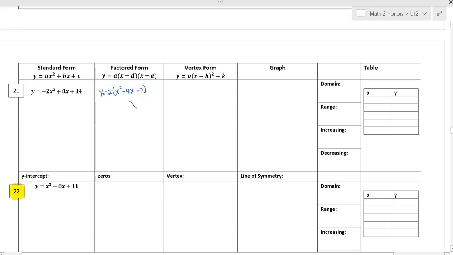And if I were to factor further, I'm looking for two terms that multiply to -7x squared and add to -4x. What two numbers multiply to -7? It has to be a 7 and a 1. It could be a -1 and 7, which would add up to 6, or a +1 and -7, which would add up to -6. Either way, we're not going to get -4, and so there is no factored form.